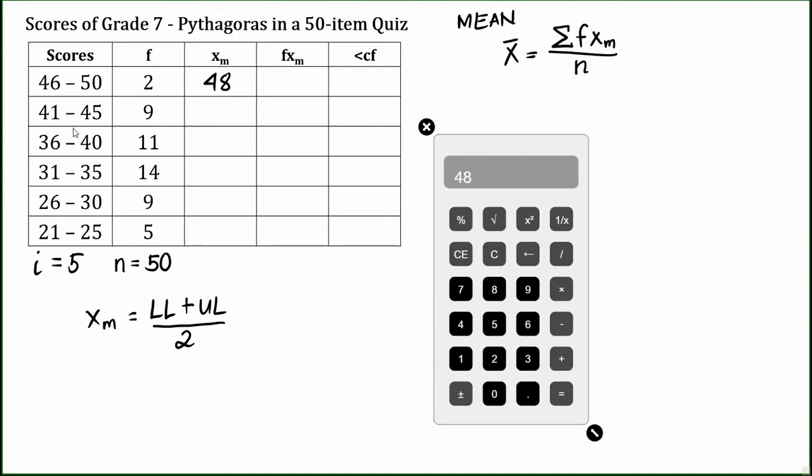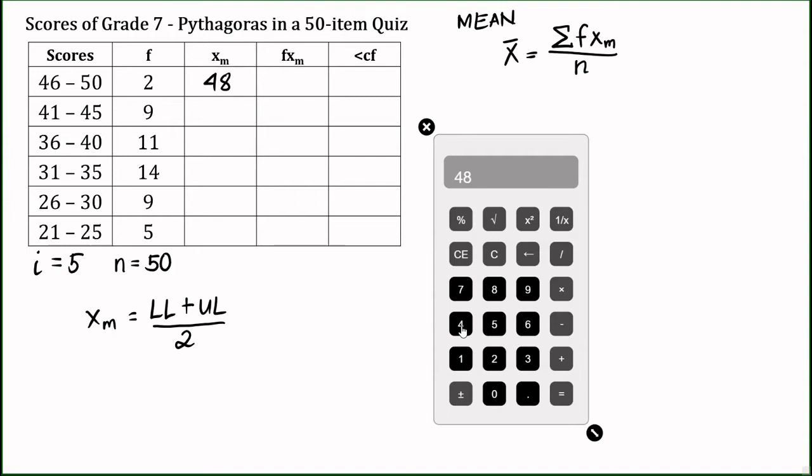Okay? So, dahil 5 po ang interval nila, ibig sabihin po, ang interval ng class mark natin ay 5 din. So, para makuha natin yung mga susunod pa na class mark, so as you can see, pababa po yung classes natin. So, yung values po ay pababa. So, ang gagawin natin, magma-minus 5 tayo sa 48. Okay?